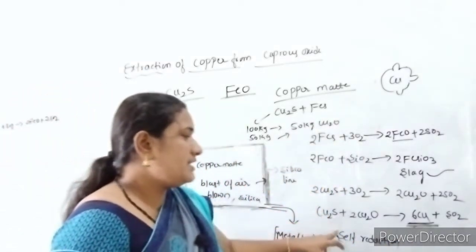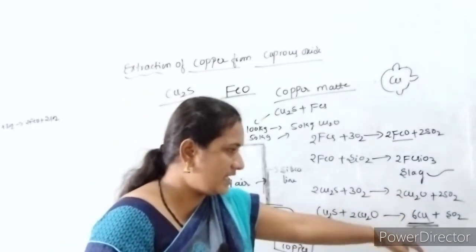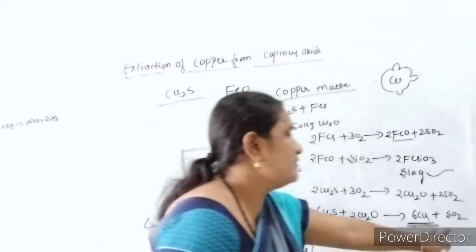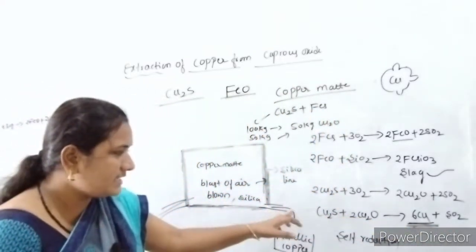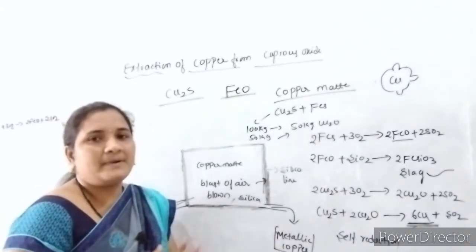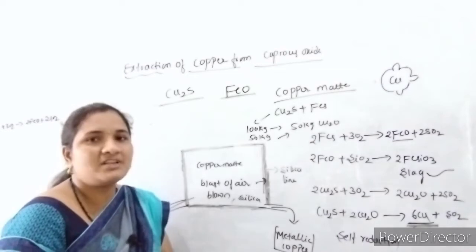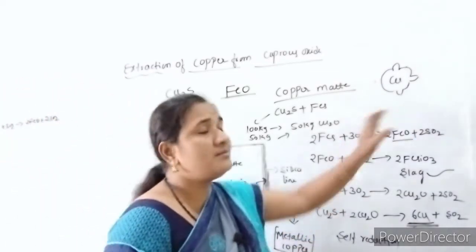Okay, Cu2S, the remaining copper sulfide, reacts with the cuprous oxide, then it forms metallic copper with the evolution of sulfur dioxide. Here it should be collected in another opening of the converter, that is nothing but metallic copper. So now it is free from all the impurities, but it appears as a blister.